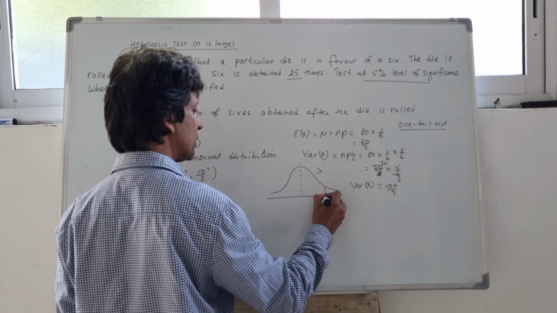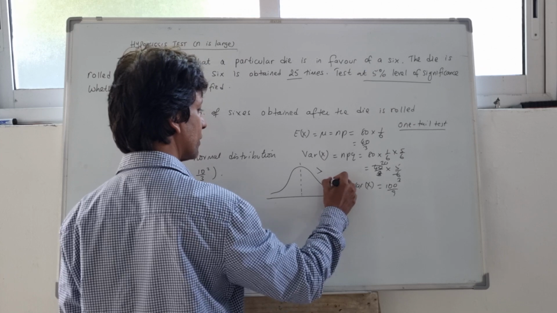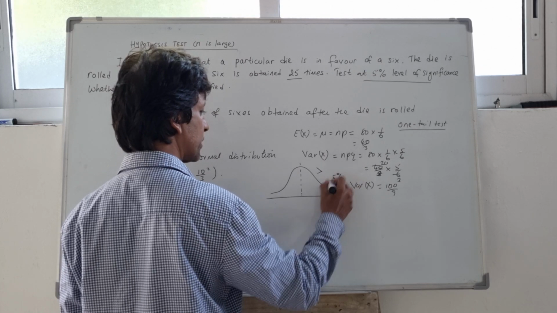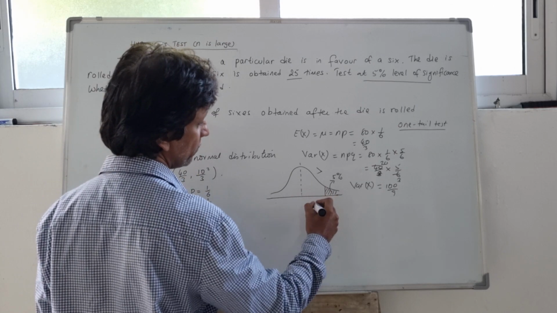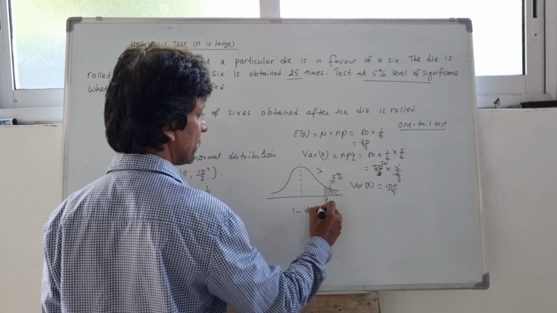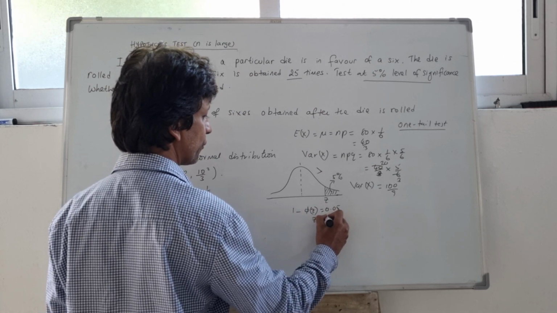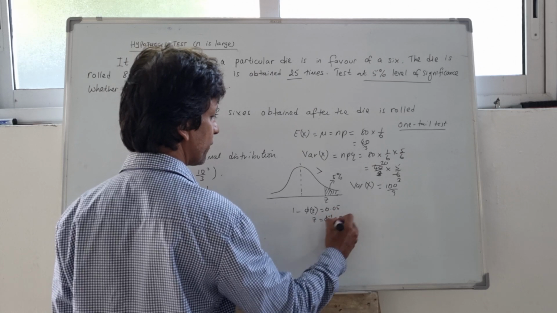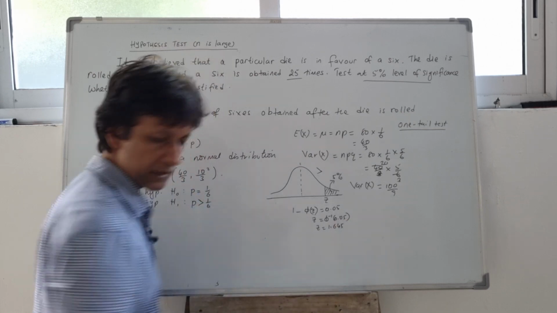And what is the value of z here? For 5%, you check this in your calculator or table. So 1 minus phi of z is equal to 0.05, so z is going to equal phi inverse of 0.95, which is 1.645.